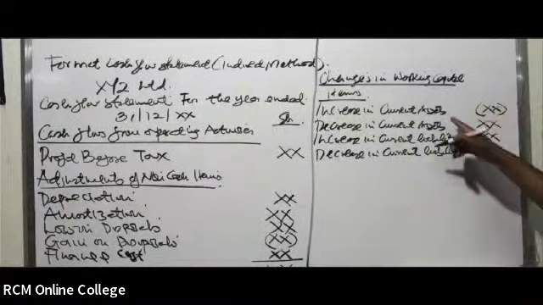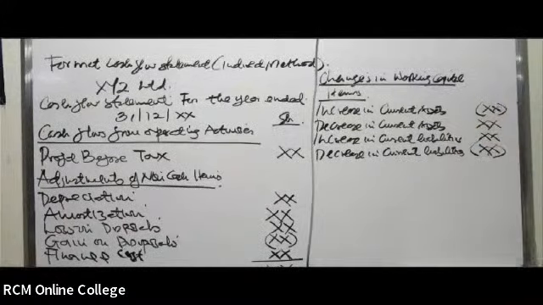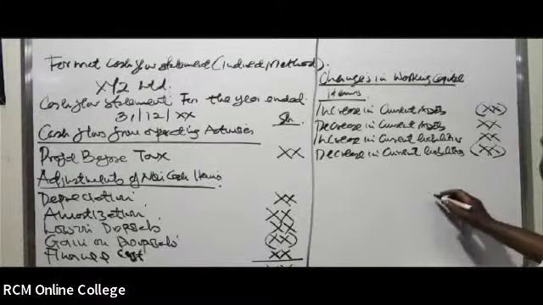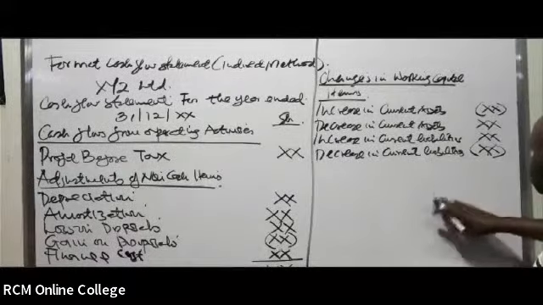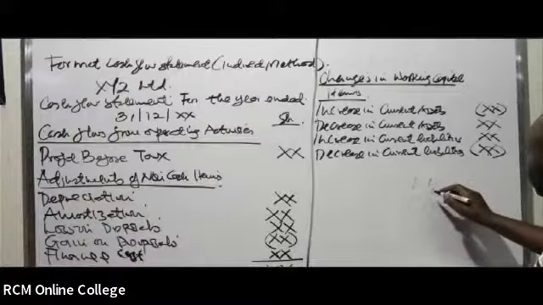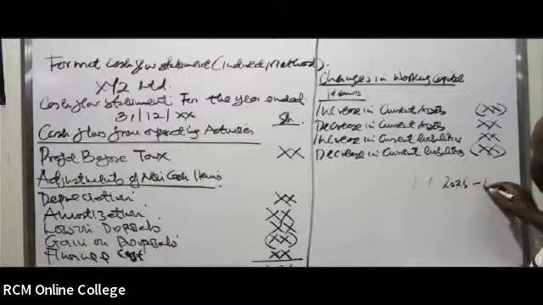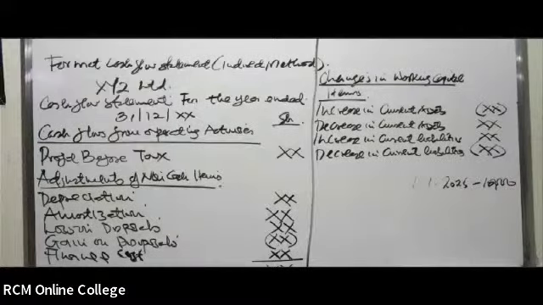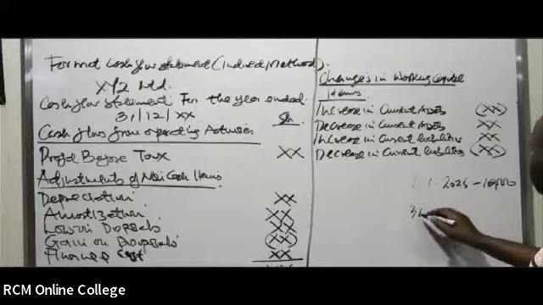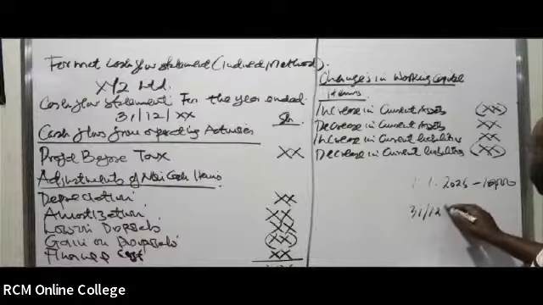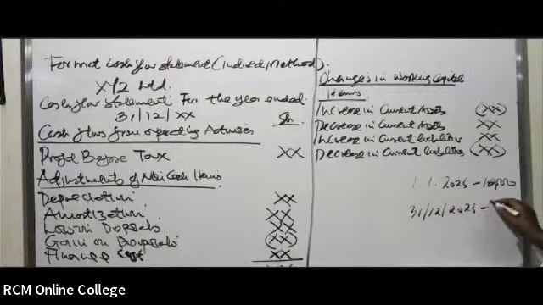For current assets, take inventory. Maybe they tell you on 1st January 2025, inventory was 10,000, then on 31st December, inventory was 15,000. So there was an increase.